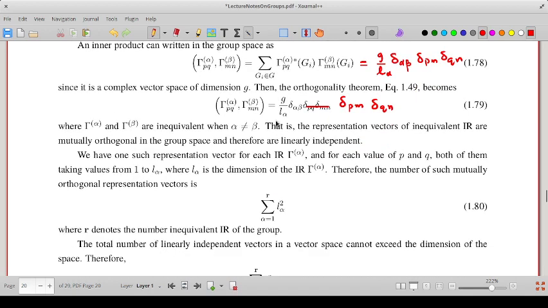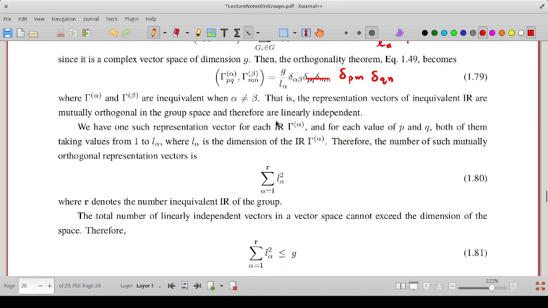Now, how many such vectors are there? Remember, if there are R inequivalent irreducible representations of the group, then alpha can run from 1 to R. Now, for each irreducible representation gamma alpha, the dimension is L alpha.